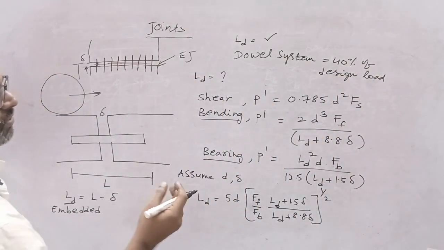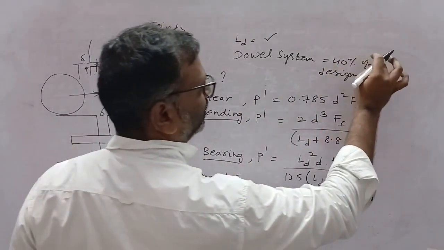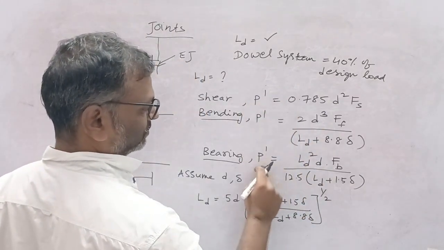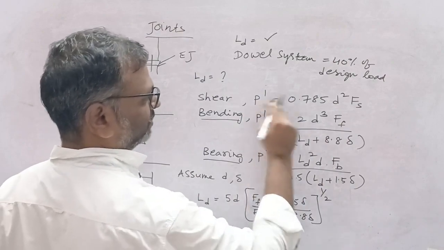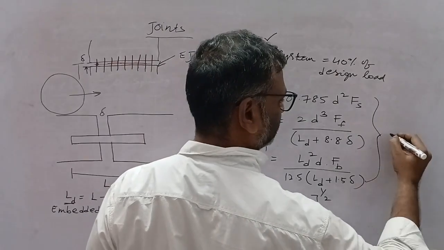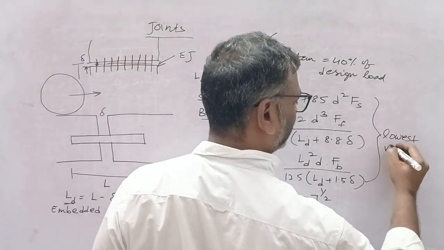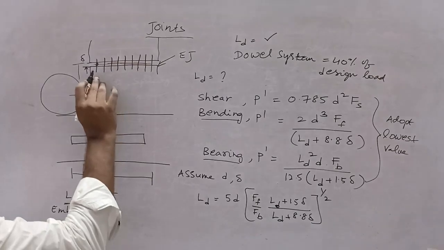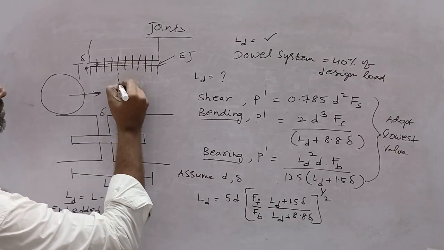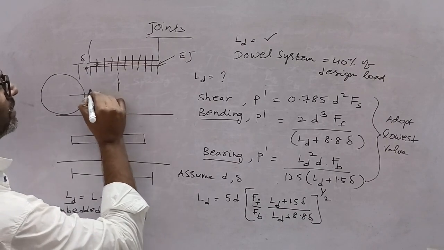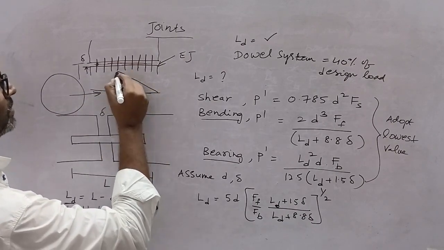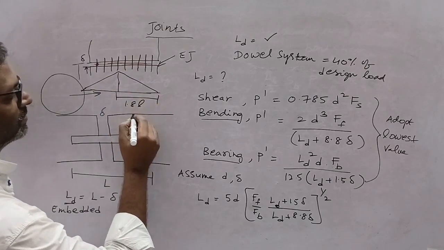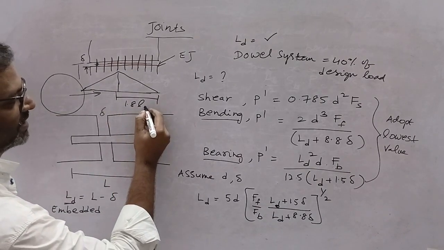So whatever the design wheel load, this dowel bar system will take 40% of it. And from the three values we got, you have to adopt the lowest value. Then this dowel system is assumed to withstand the load linearly on either side only up to a distance of 1.8 L, 1.8 times L, where L is the radius of relative stiffness.